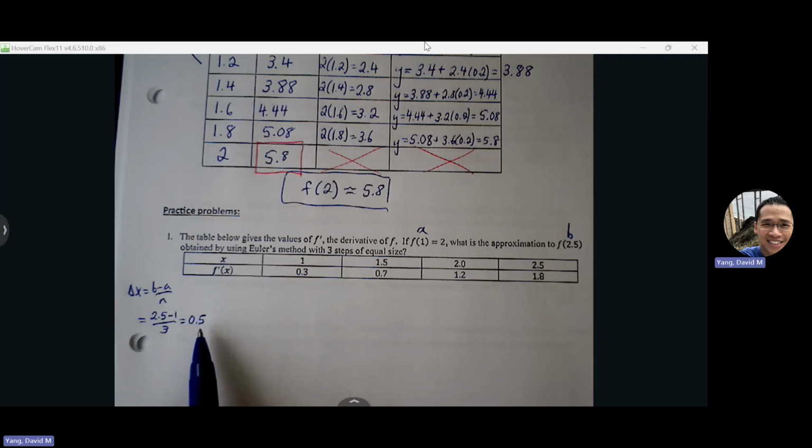So it looks like we're getting a positive delta x, since we're moving to the right from 1 to 2.5.